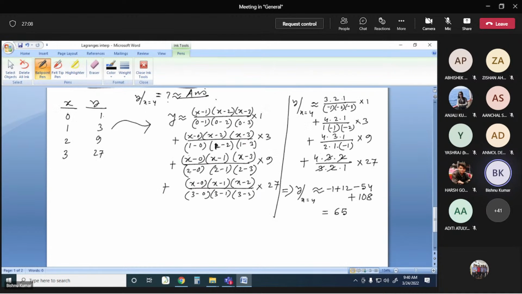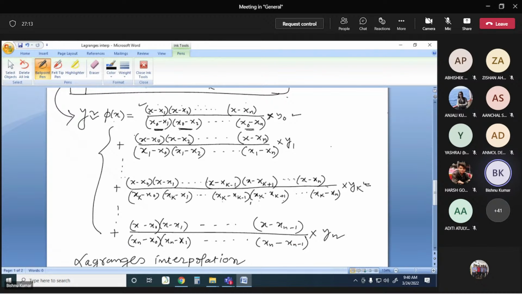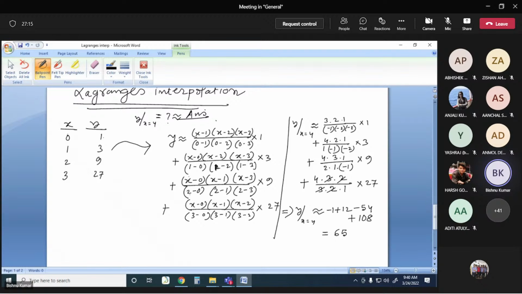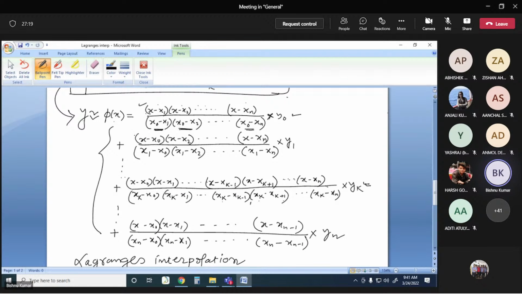Lagrange interpolation. What is the drawback and plus point of this technique? Main drawback is, in this interpolation, it will contain lots of binary operations. Suppose you have n plus 1 points, you just see. So n plus 1 terms you have to consider. In every term, there are n factor multiplication in numerator, n multiplication in denominator, as well as right hand side multiplication.